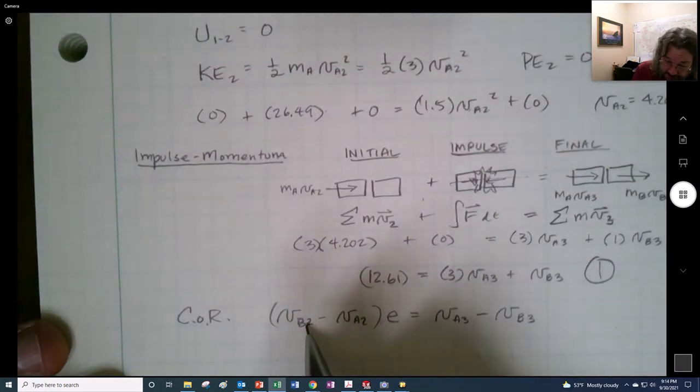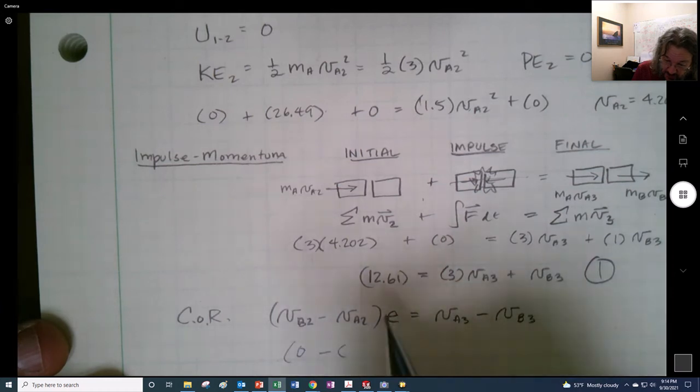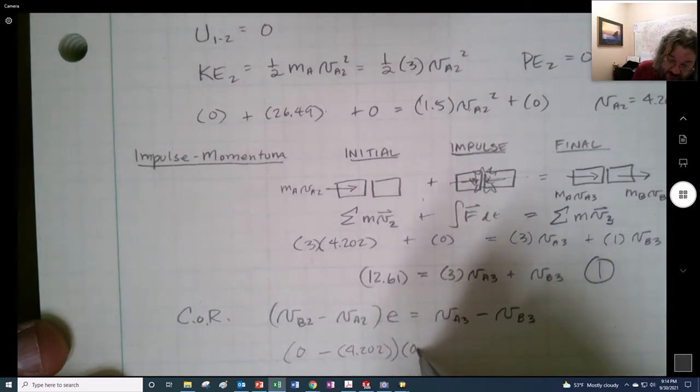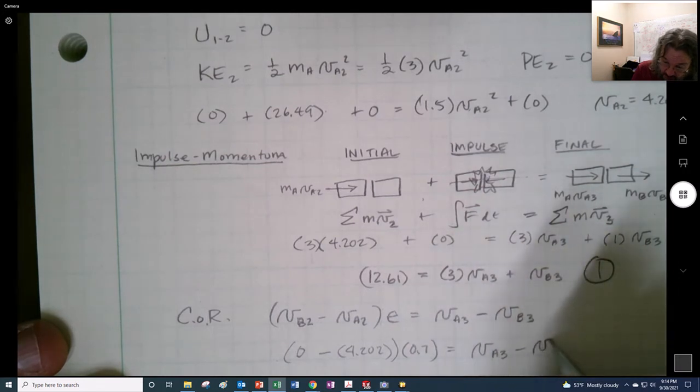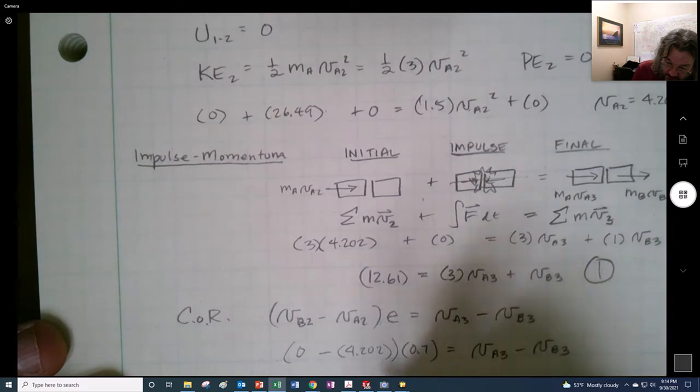And so let's see, VB2 is 0. And this is our 4.202. And our coefficient of restitution is 0.7. And here are the unknowns. So what we're left with, I believe, did I do anything wrong here?